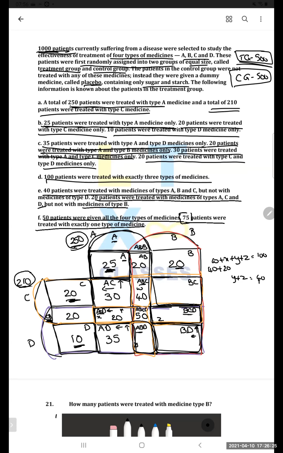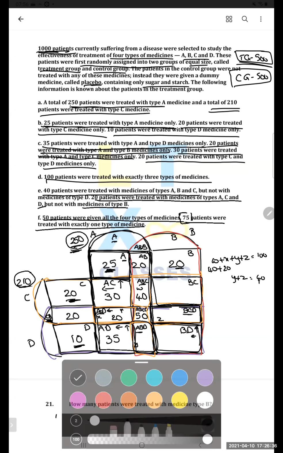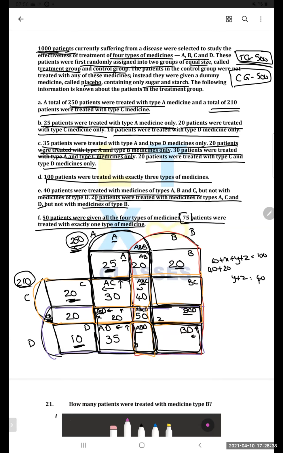If A is total 250, is this not the sum of the entire A? This entire grid is the sum of A, right? This entire box, is this A? Yes, sir. You don't have only this number here, but you have the rest. So is it not 250 minus the sum of all these numbers that gives you this number, ABD?